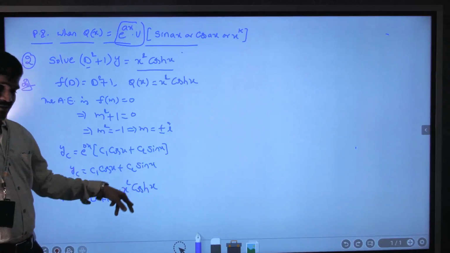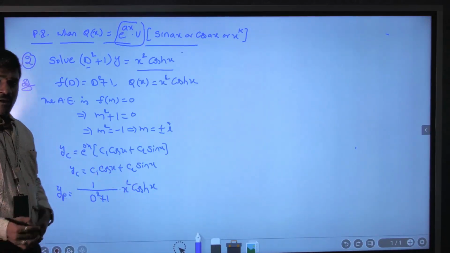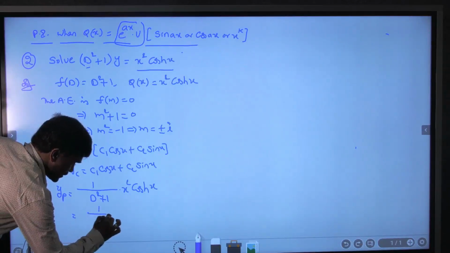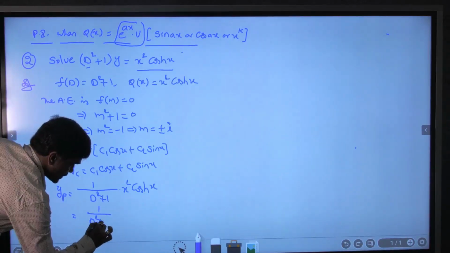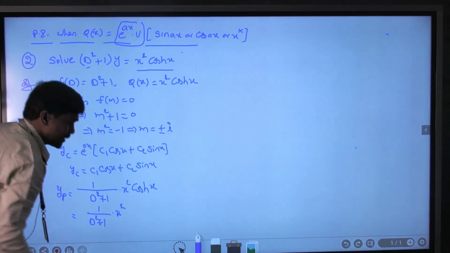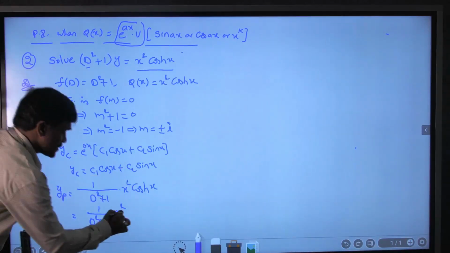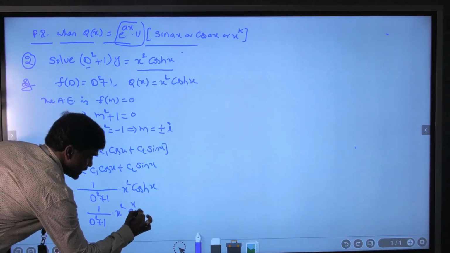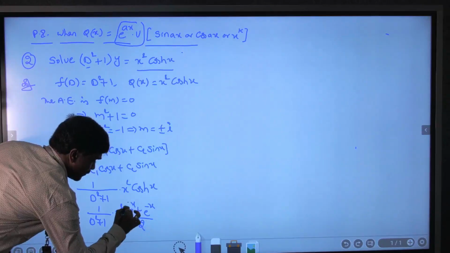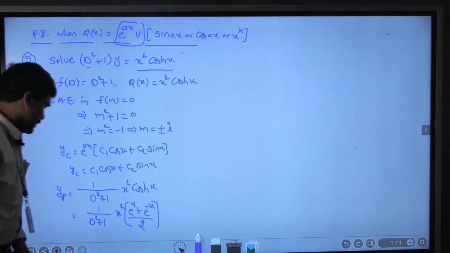Now here convert cos hx into exponential form. So d square plus 1, x square into, what is cos hx? Cos hx can be written as e power x plus e power minus x by 2.